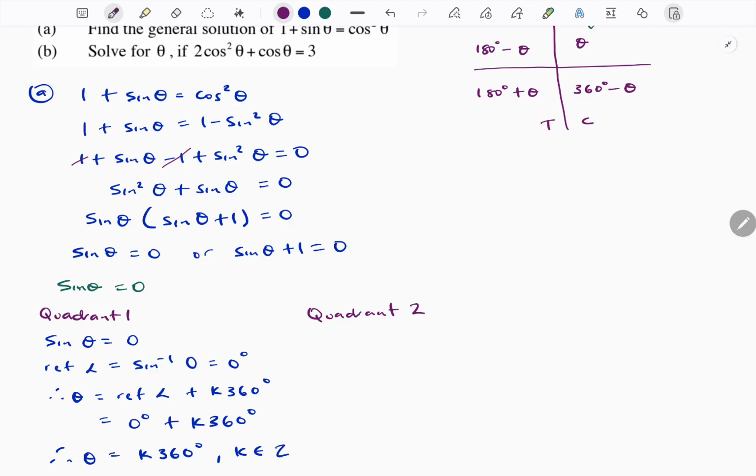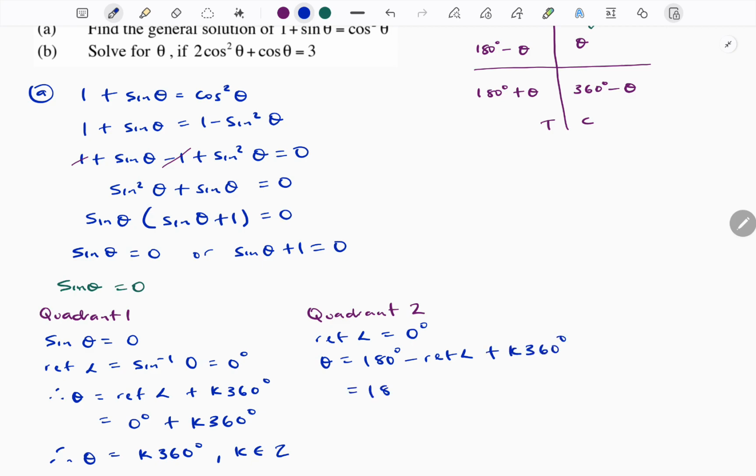In quadrant 2, I have the same sine theta equals 0. Already I have my reference angle equal to 0 degrees, as shown in my quadrant 1 calculation. So therefore, my theta will be 180 degrees, that's the reduction for the second quadrant, minus the reference angle plus k times 360 degrees.